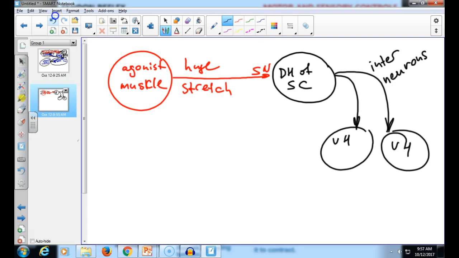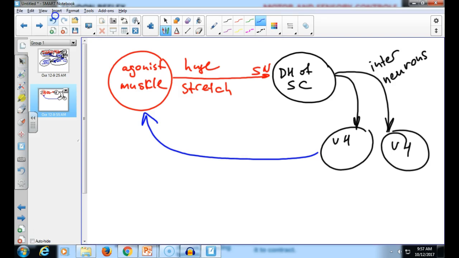And the motor output from the interneurons, where does it go? Through the motor neurons to where? First, the agonist. What is the signal? You don't have to raise your hand.